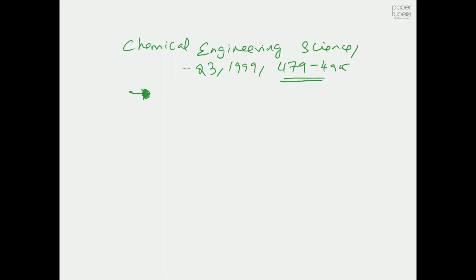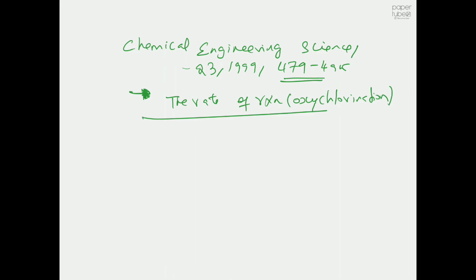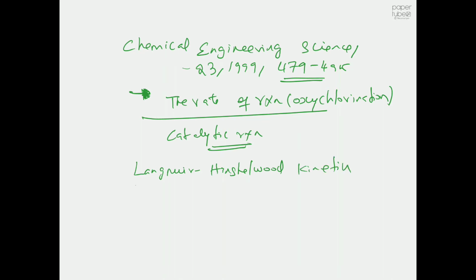So at the moment we are talking about oxychlorination. This is a catalytic reaction that follows Langmuir-Hinshelwood kinetics. The direct chlorination follows a simple first order kinetics, and this oxychlorination will follow the Langmuir-Hinshelwood kinetics.